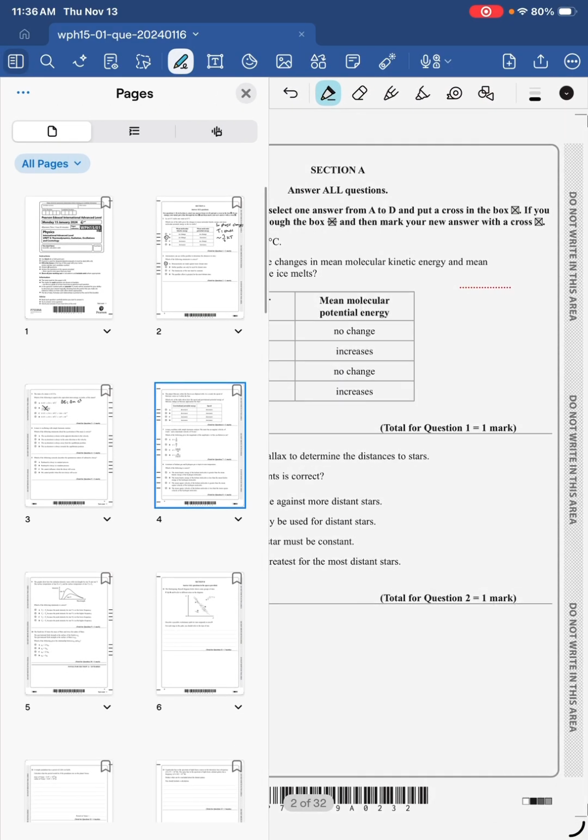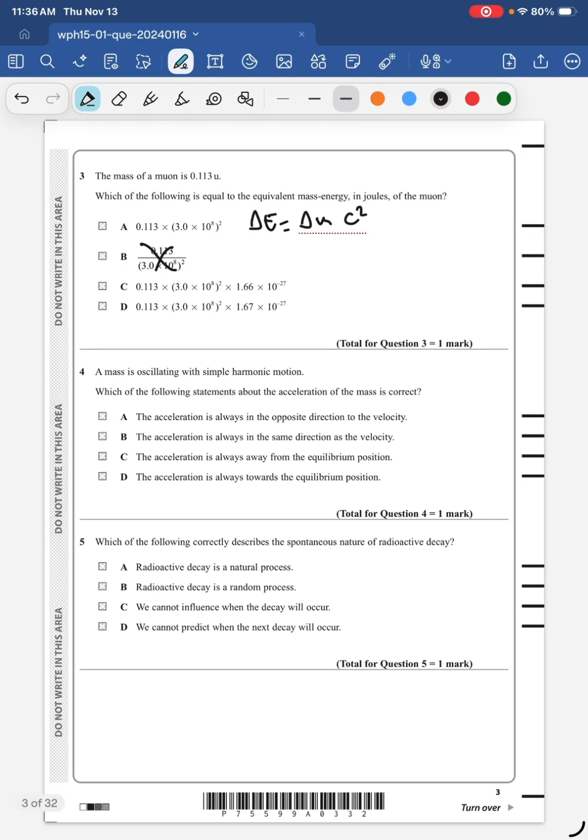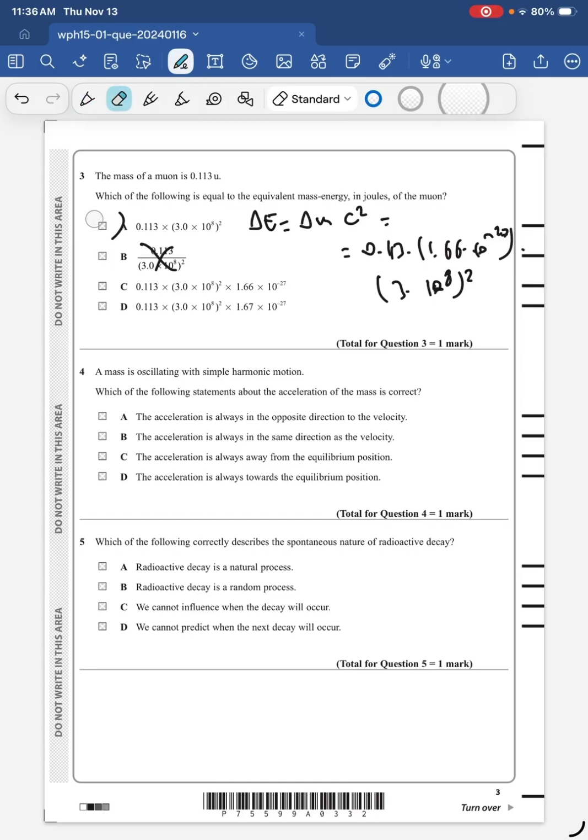So if we go back, we have 0.113 times 1.66 times 10 to the minus 27, times 3 times 10 to the 8 squared, and the answer is, no, it's not A. Sorry, it's C. Excuse me for the mistake.